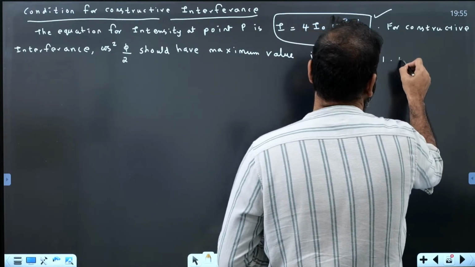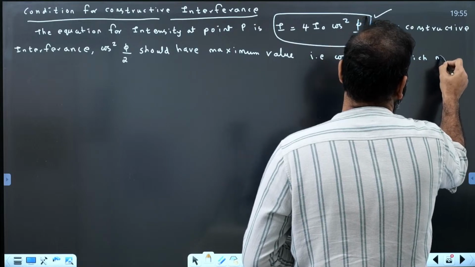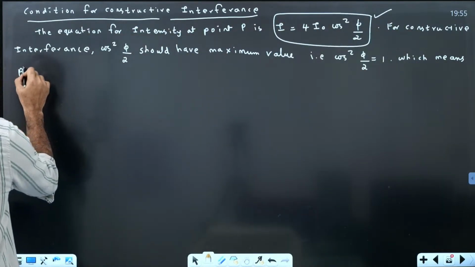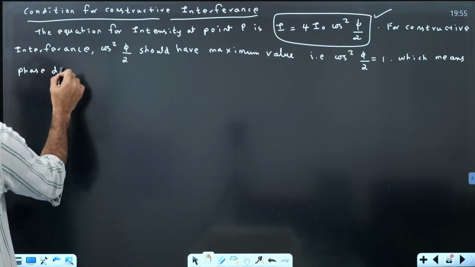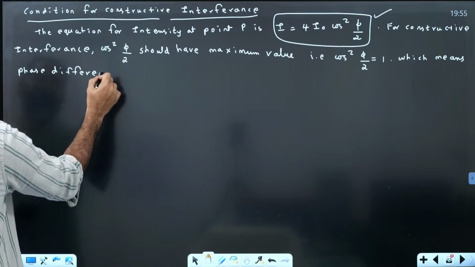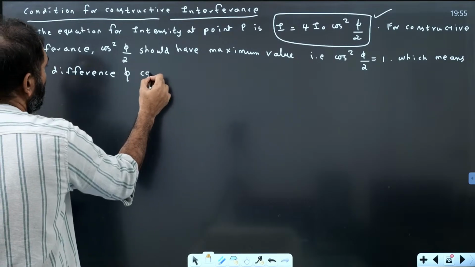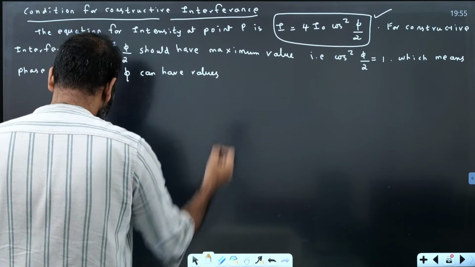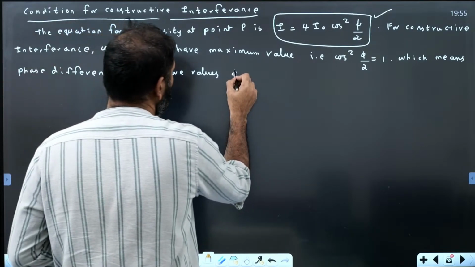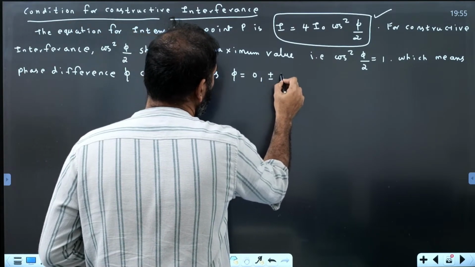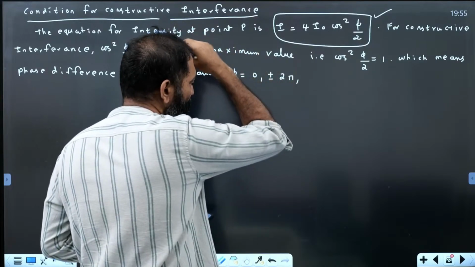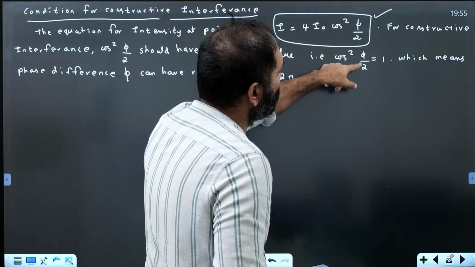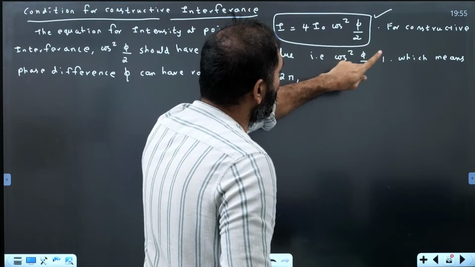Which means the phase difference phi can have values phi equal to 0, plus or minus 2 pi, because phi is 0 means 0 by 2 is 0, and what is cos 0? 1.